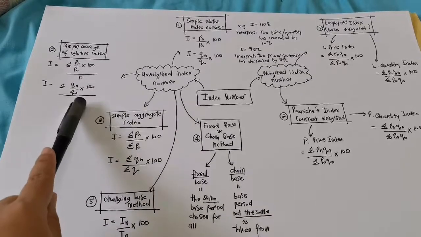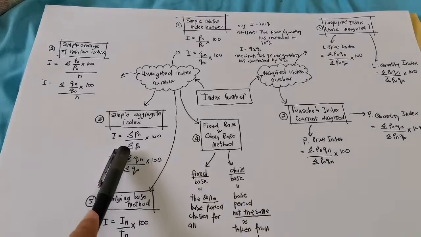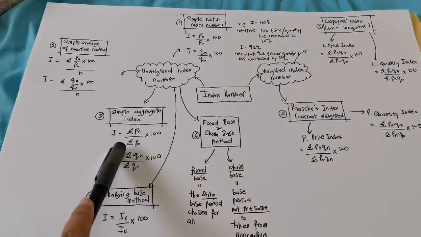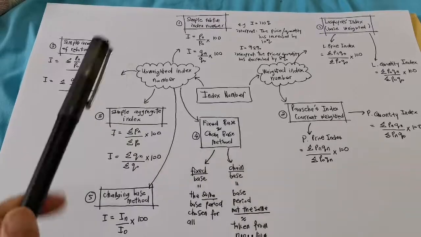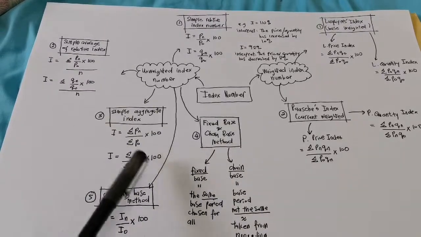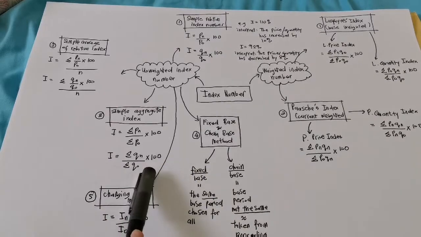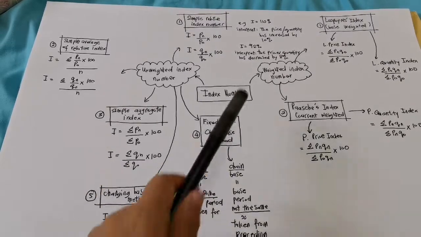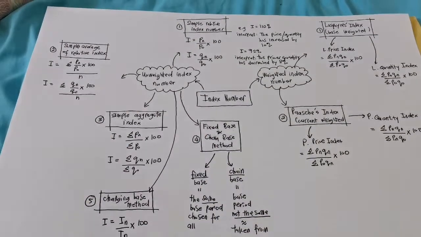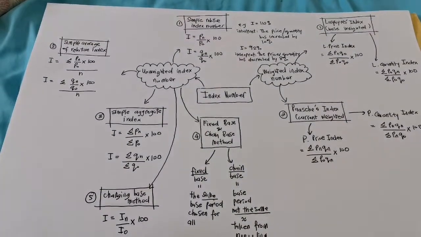The third one is the other way around: you total up the price first, and total up the quantity of that item for the current and base period, then only you multiply by 100. The way to interpret will be similar to what we have mentioned earlier. That is what we have for that tree.